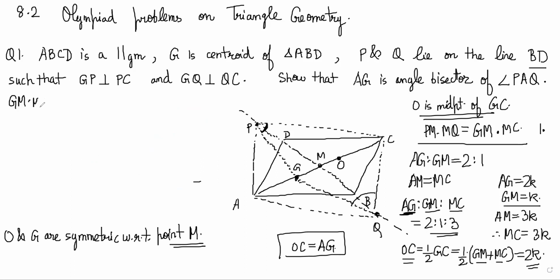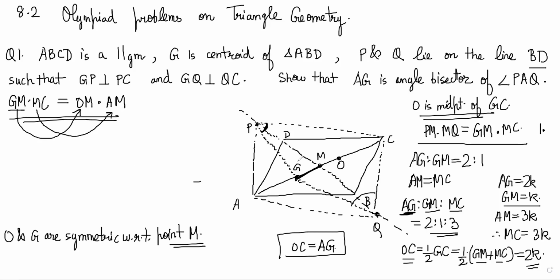GM into MC is equal to, instead of GM whose length is K, and we can say OM is also K, right? GM into MC is OM into AM. Why are we saying this? Because GM is equal to OM and MC is equal to AM. MC is 2K, AM is 2K. So we can replace the length, right?